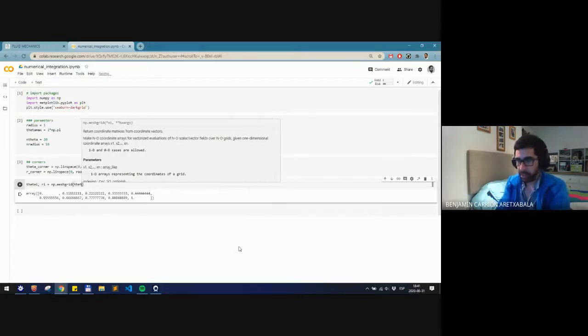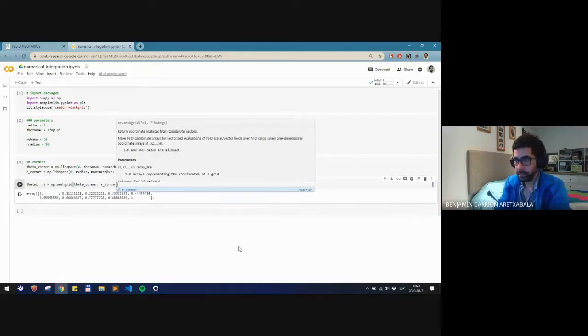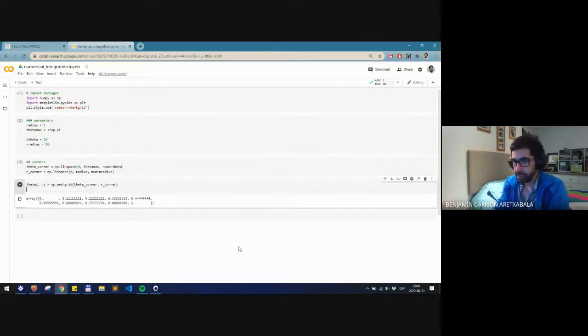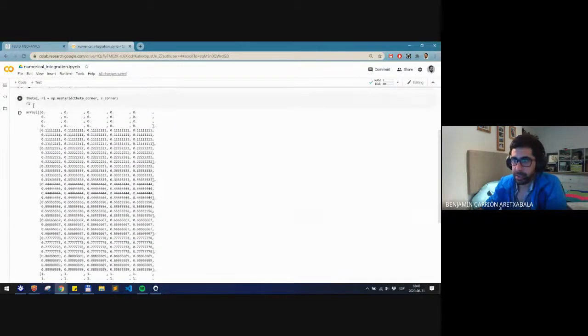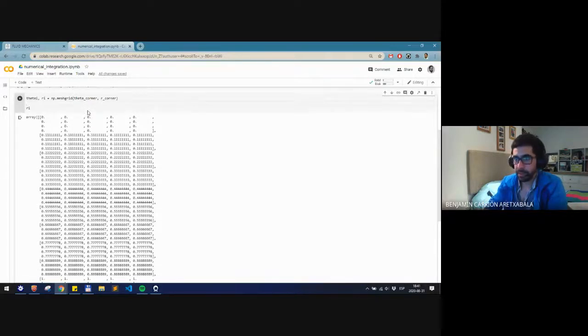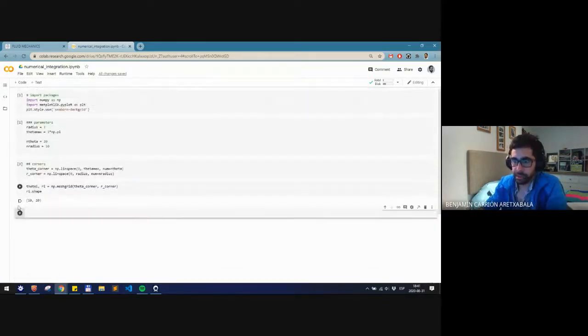So now we give it the corner vectors, and this creates the mesh. You see, R now has two dimensions. You can see the shape of R. It creates a mesh with the two vectors that you just created.